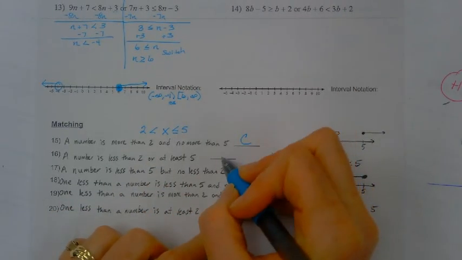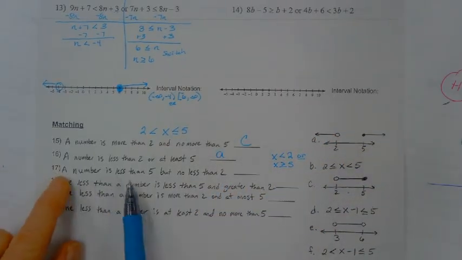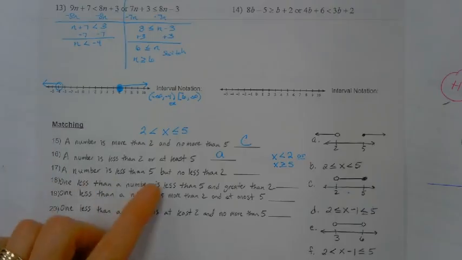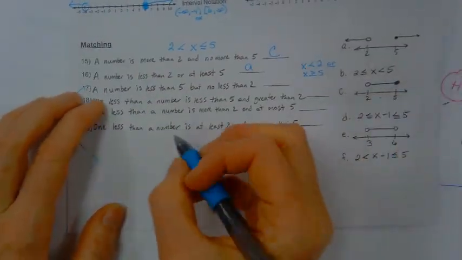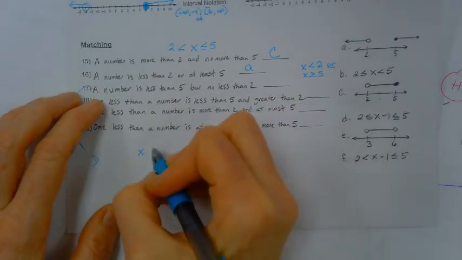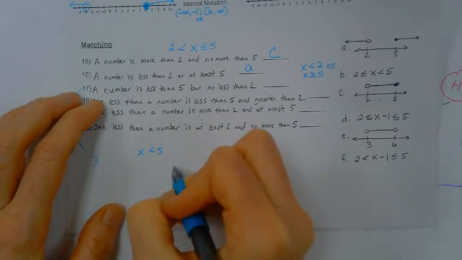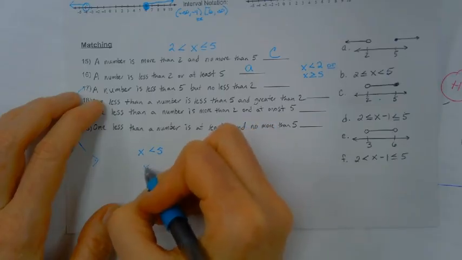Okay, here's number 17. A number is less than 5, but no less than 2. So let's look at this one. So x is also not less than 2, so it's got to be greater than or equal to.